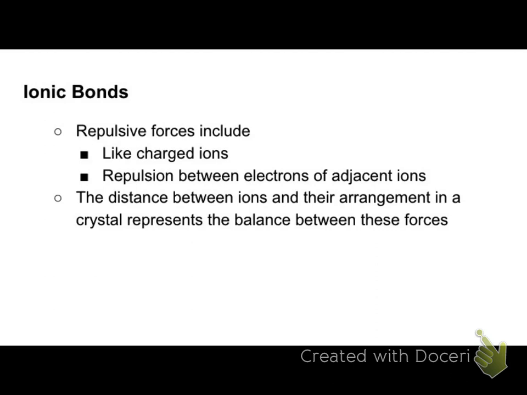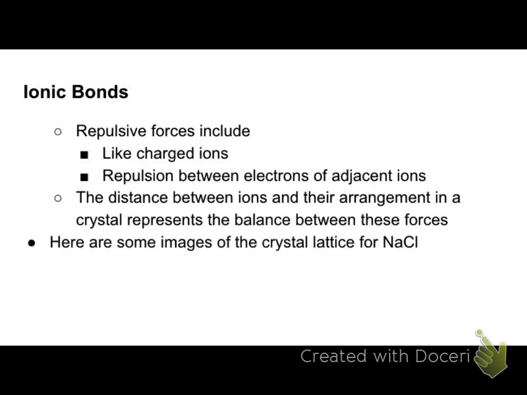It's just that you have to take into account that while a chloride ion is being attracted to a sodium over here and a sodium up here and a sodium down here, it's also being repelled by chloride ions that are around it as well. When we find a balance between those attraction and repulsion forces, that's why the ions sit where they do in the crystal structure.